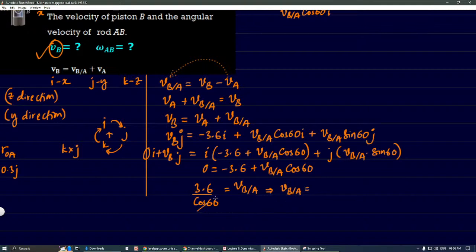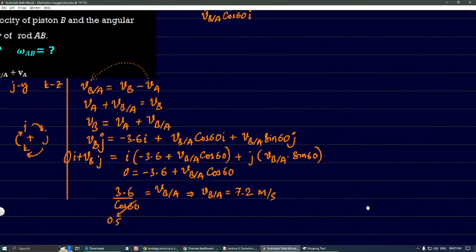So 3.6 by 0.5 is 7.2. So 7.2 meters per second is the velocity of B with respect to A. Clear?